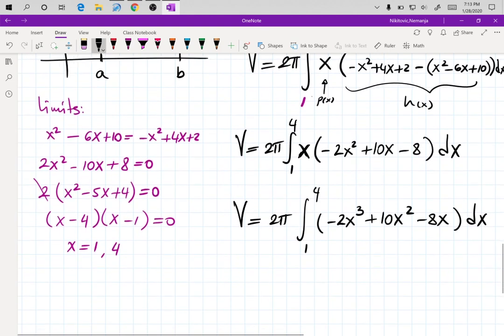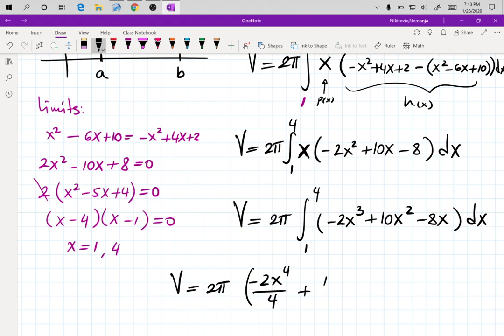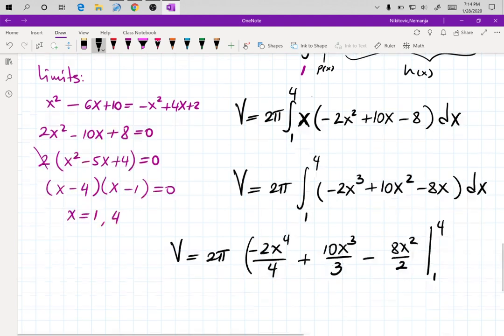And finally, you integrate: 2 pi, negative 2x to the 4 over 4, will simplify, plus 10x cubed over 3 minus 8x squared over 2 from 1 to 4.